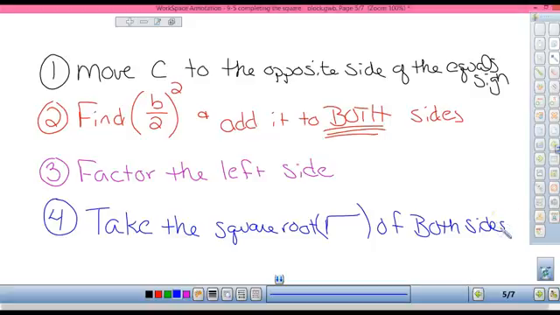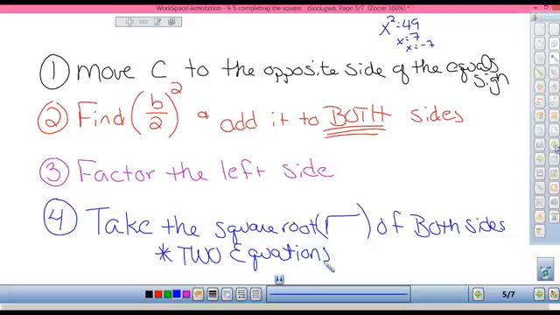Remember, when we had x squared equals 49, x equaled 7 and x equaled negative 7. So you're going to get 2 equations. Make a little note to yourself that there's going to be 2 equations.